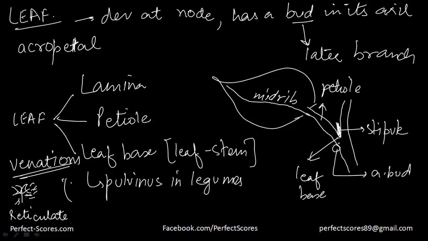But if they are in parallel lines, it is simply known as parallel. Usually dicotyledonous plants have reticulate venation, and the monocots, for example maize, have parallel venation. So that is an important characteristic by which you can differentiate the leaves of those two kinds of plants.